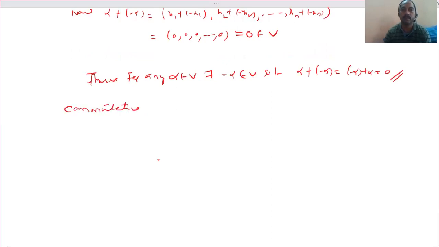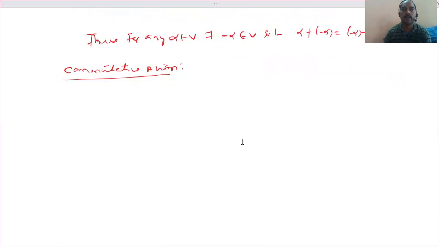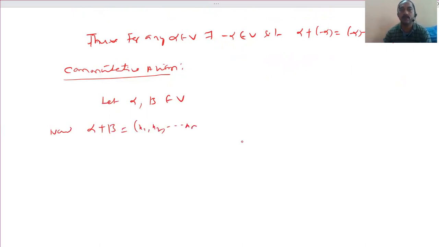Commutative axiom is simple. Commutative axiom or abelian axiom. Commutative axiom means take two vectors, let alpha, beta belongs to V. I am taking alpha, beta as the previous values only. Now alpha plus beta equal to x1, x2, and so on, xn, plus, beta value y1, y2, and so on, yn. By the hypothesis, it is component wise addition: x1 plus y1, x2 plus y2, and so on, xn plus yn.